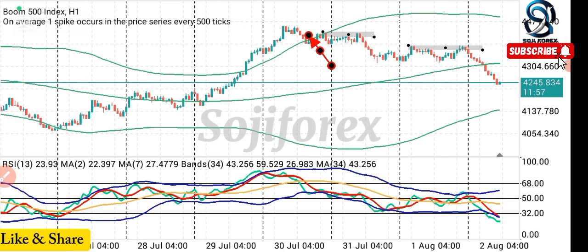And if you want us to explain how you can combine the divergence with this particular method, please indicate in the comment section and I will go ahead to do that. And if you are not able to do this, remember, you can always wait for price to close below the middle Bollinger Band so you can determine your entry.